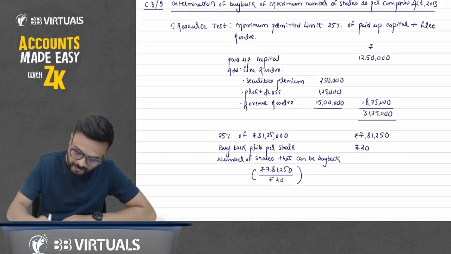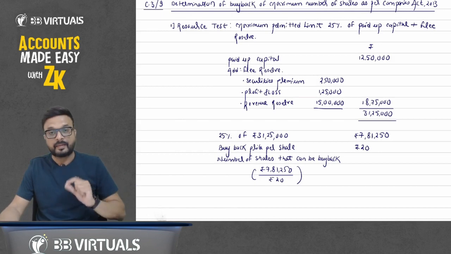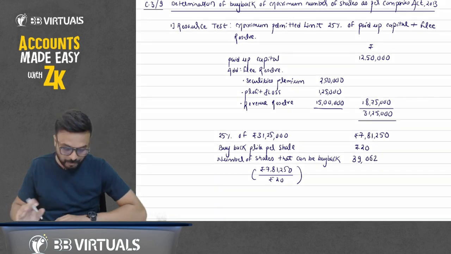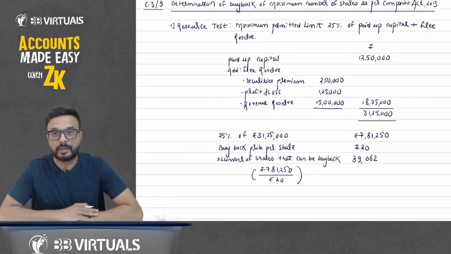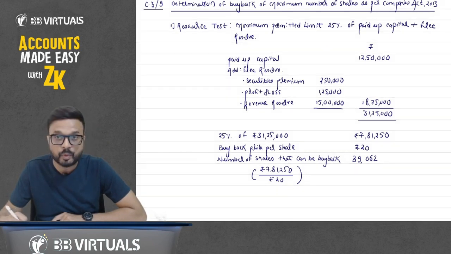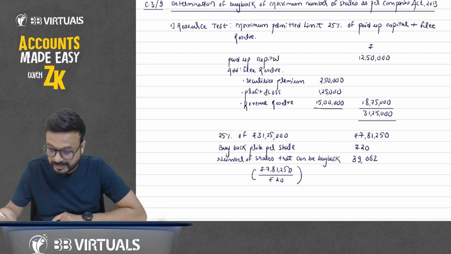So 7,81,250 divided by 20 comes to 39,062.5. But don't round it off. You tell me how much it is coming? It is coming 39,062.5. Don't round it off to 63.